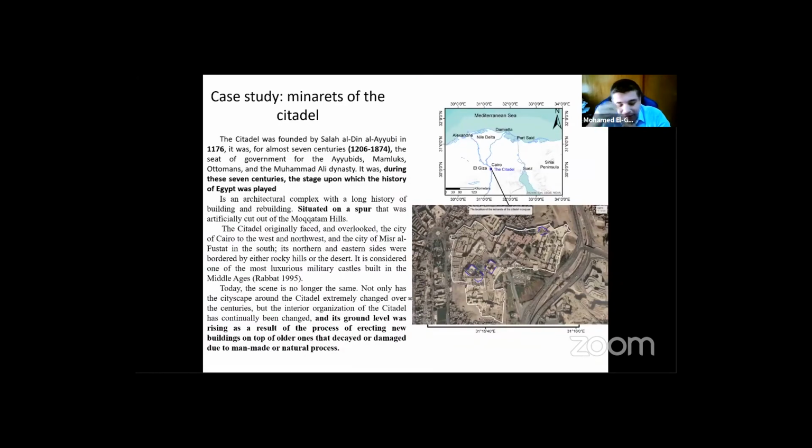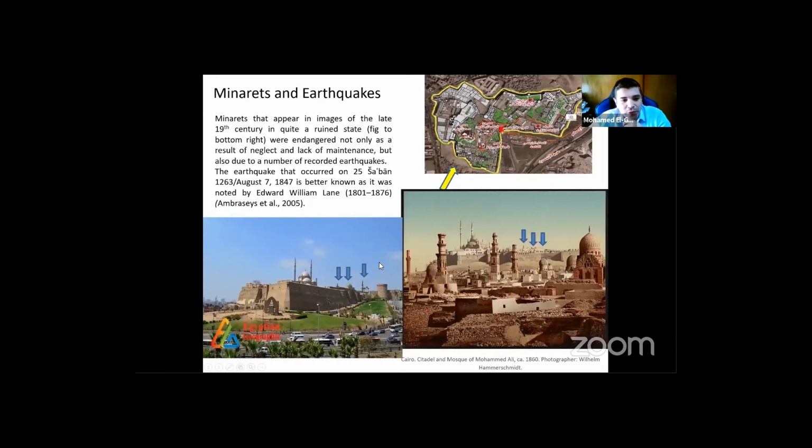This triggered many restoration processes in the whole city and its declaration under UNESCO. But for us, it was important to know how we are restoring and how we can optimize the restoration process, especially for minarets.